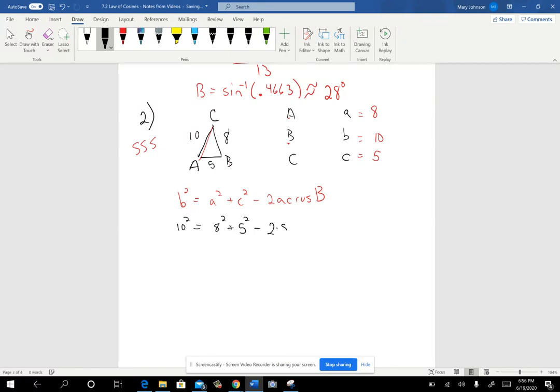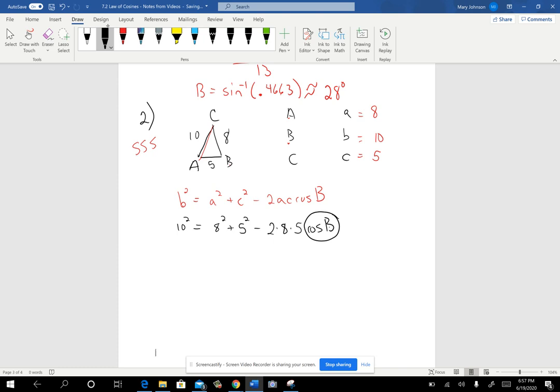So A is 8, C is 5, and what I'm looking for is angle B. So we're going to do a little algebra here to first get the cosine of B isolated on a side by itself. And there's no reason to remember that form or even write that down, because you can just let your algebra do that for you. And then we'll have to use the inverse cosine button.